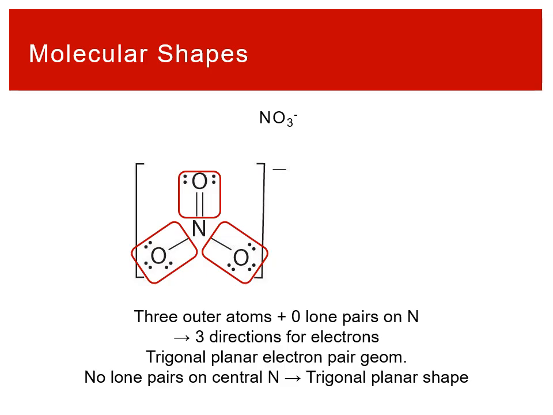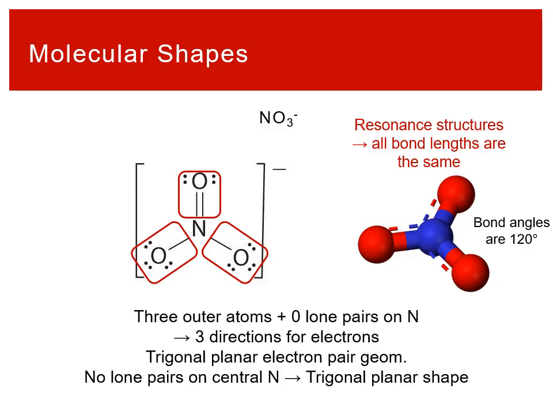And because there are no lone pairs, the atoms are arranged in the exact same pattern for the shape, so it's a trigonal planar shape. And in fact, if I get an actual depiction of the molecule, I can see that they are spaced out in the 3 different directions. And I can predict that the bond angles are 120 degrees, because they're fully spaced out.